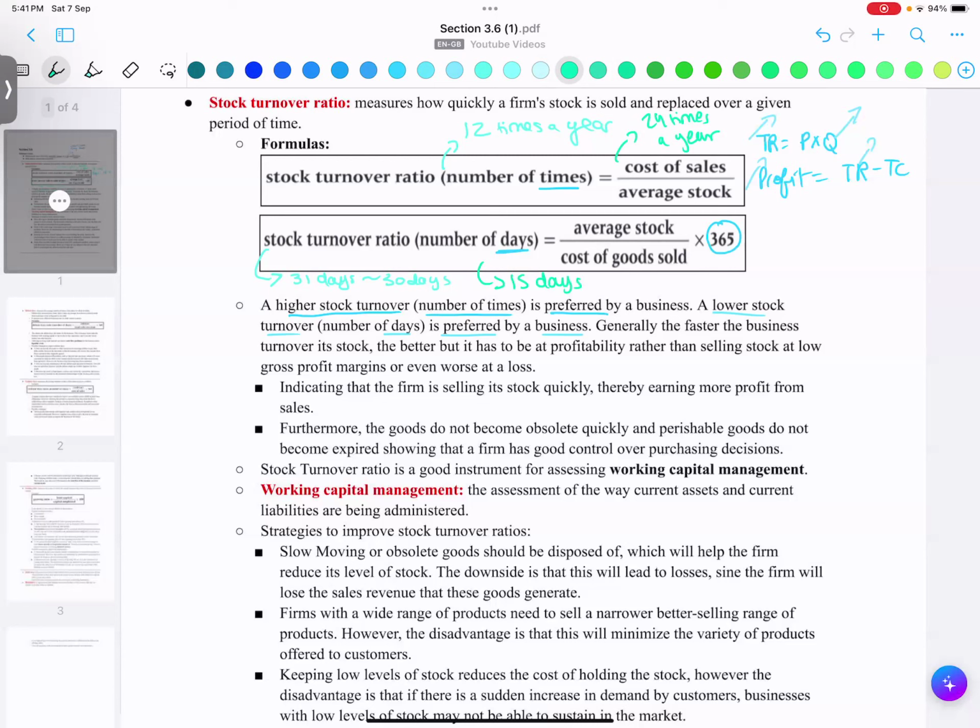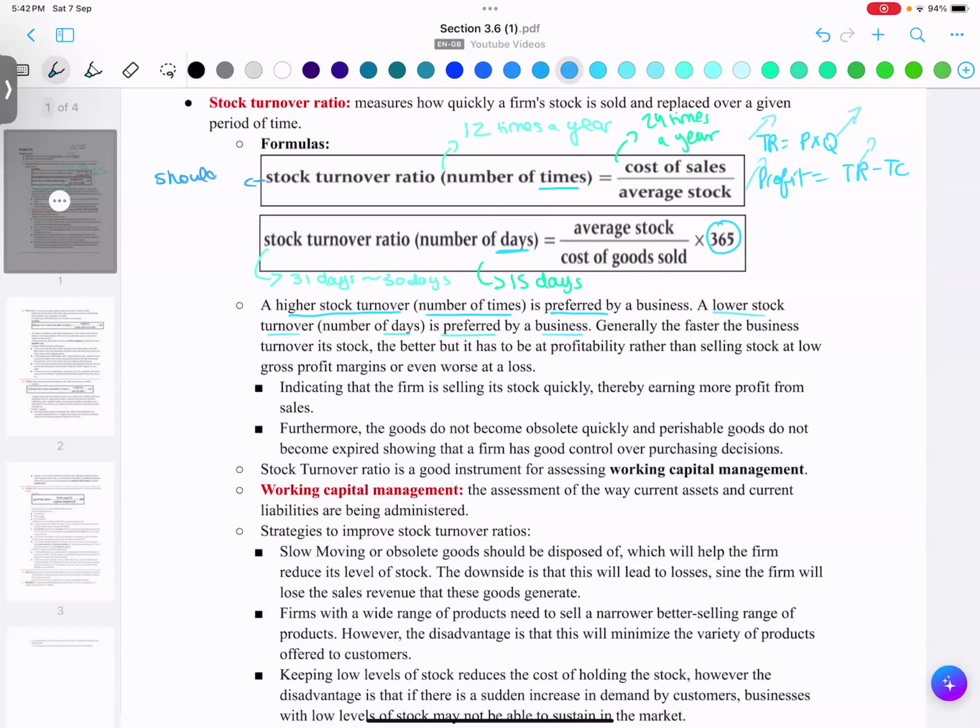Now this translates to the same thing, because number of times means how many times they're actually selling all of their stock and buying new stock to sell, or producing new stock to sell. Whereas stock turnover ratio in days is the number of days it takes them to sell. Okay, so that's the difference. That's why one should be low and one should be high.